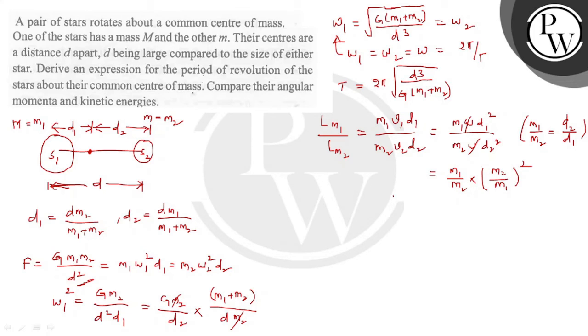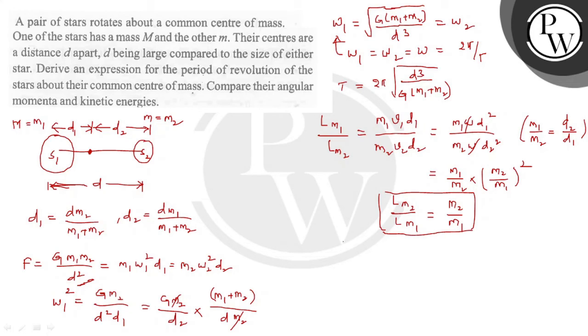So L m2 by L m1 is equal to m2 by m1. This is the ratio of angular momentum, which was already asked.